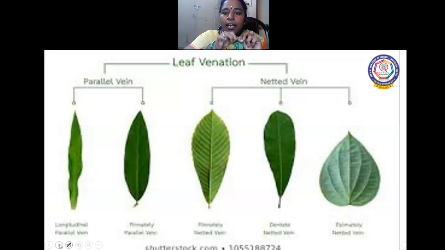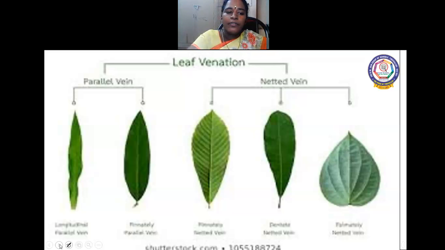So the arrangement of veins in the leaf is known as venation.